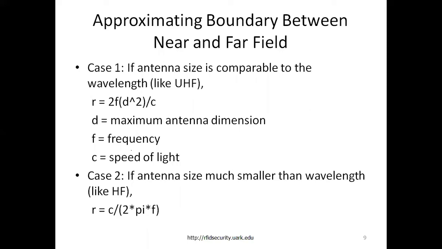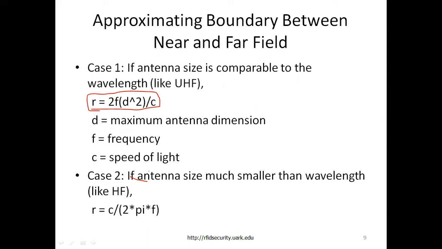Here D defines the maximum antenna dimension, f defines the frequency, and c defines the speed of light, so that we can find the radius.